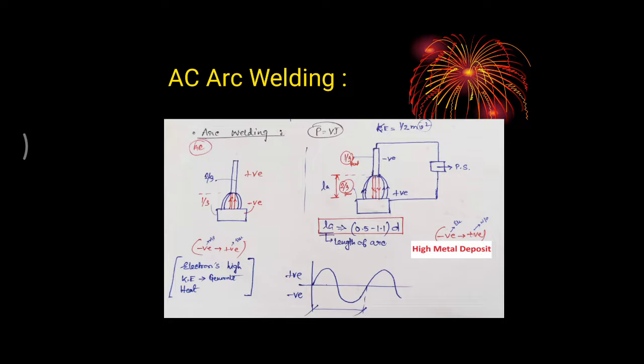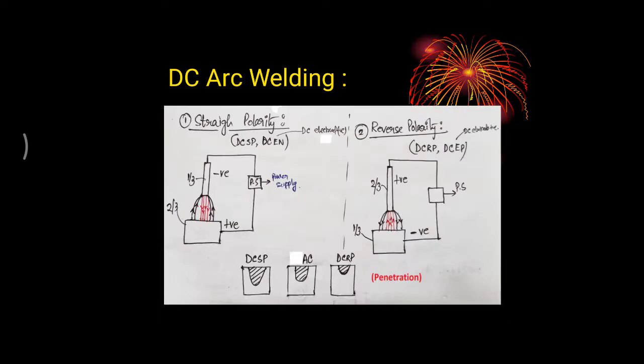Okay, and next is DC welding. DC welding is similar to the AC welding process. This is the straight polarity. It is called DCSP, meaning DC straight polarity, or DCEN, meaning DC electrode negative. The workpiece gets 2/3 of the heat generation and the electrode 1/3. On the right hand it is reverse polarity.